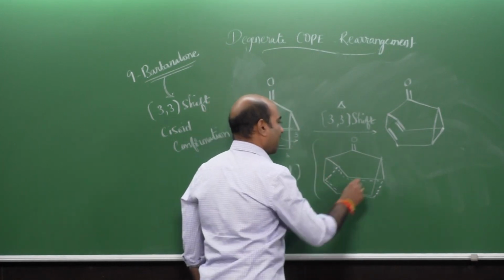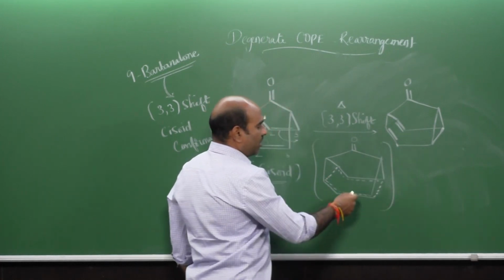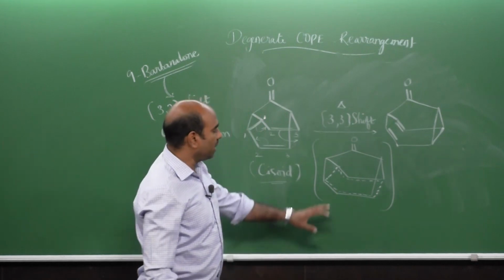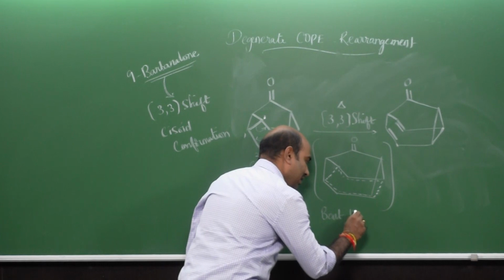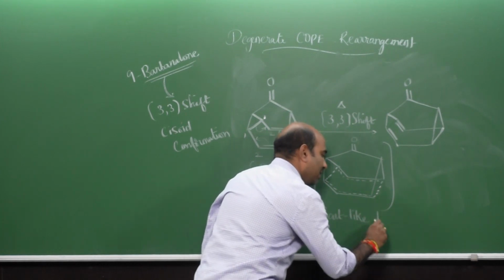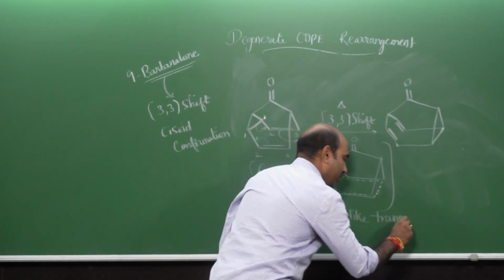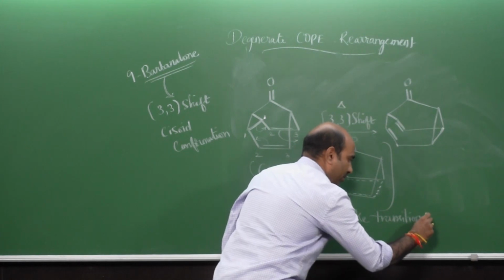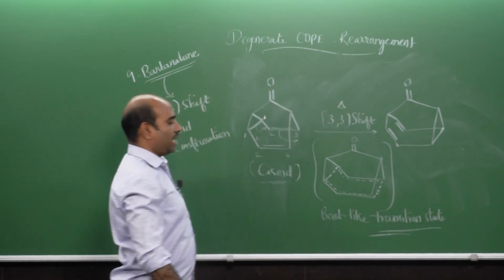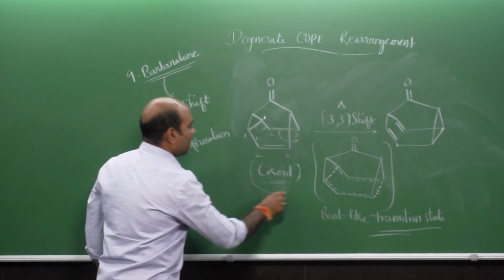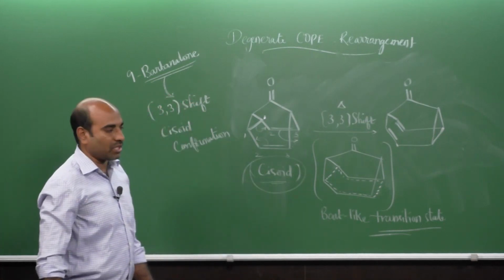So, this is the cyclic transition state which is typically showing the boat-like transition state.